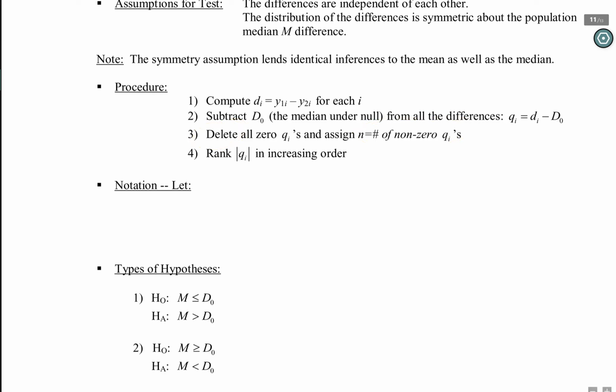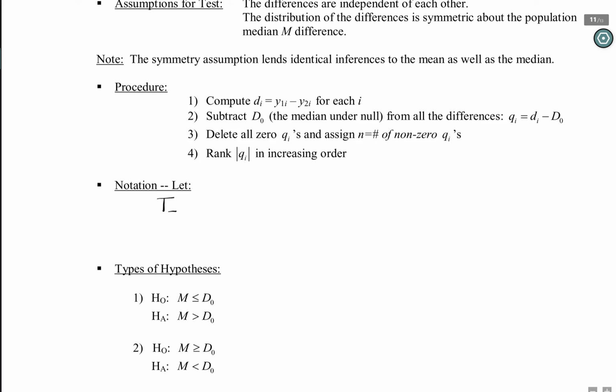Okay, and then lastly, what we do is we take the absolute value of the Q and we rank those pairs according to their absolute value of the Q quantity. Then we compute the following test statistic. Well, it's the pieces that will tell us what the test statistic will ultimately be.